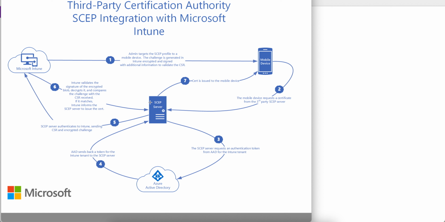And here are your mobile devices, and this is Azure Active Directory. All three are in the cloud, because it's a cloud-to-cloud connection. If you had a Microsoft SCEP server, it would be on-premise, but I'm talking only about the third-party CA, so don't get confused.